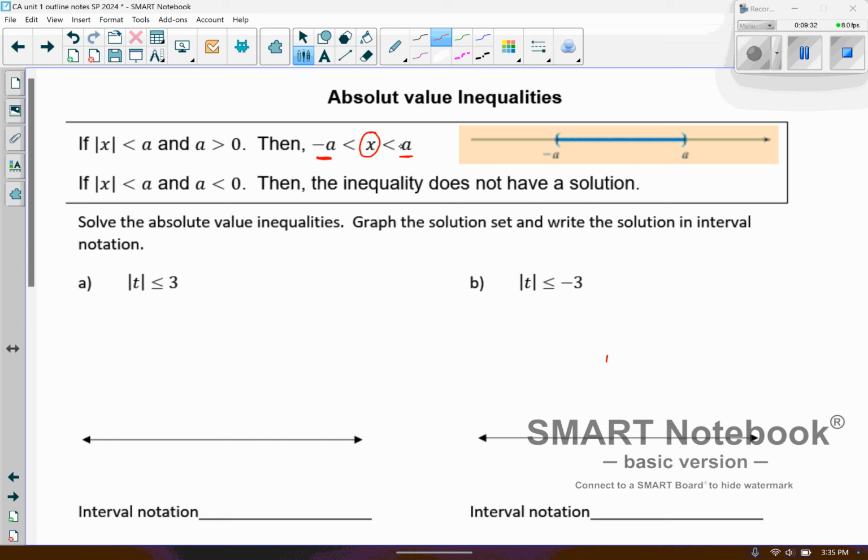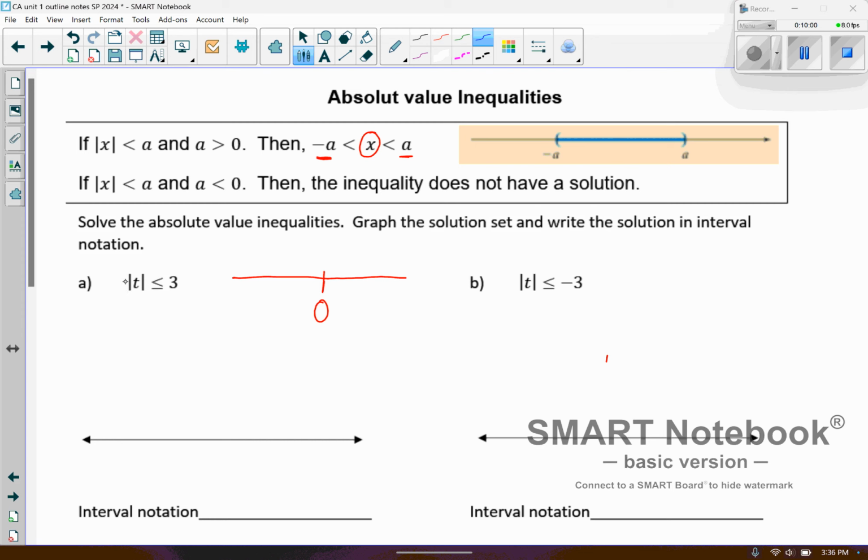And why is that? Well, let's look at an example here. Right here we have the absolute value of t is less than or equal to 3. What we're saying is t cannot go further than 3 units away from 0. So here's where 0 is. The absolute value means the distance from 0, so if you put it in those terms, it might make a little bit more sense.